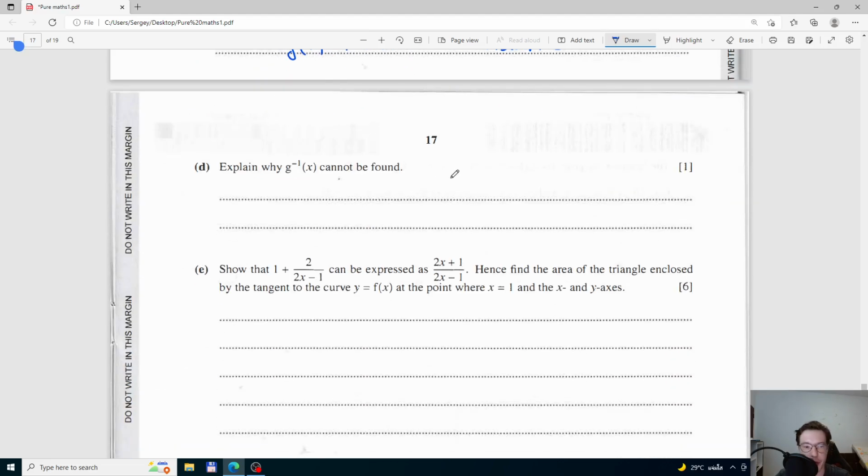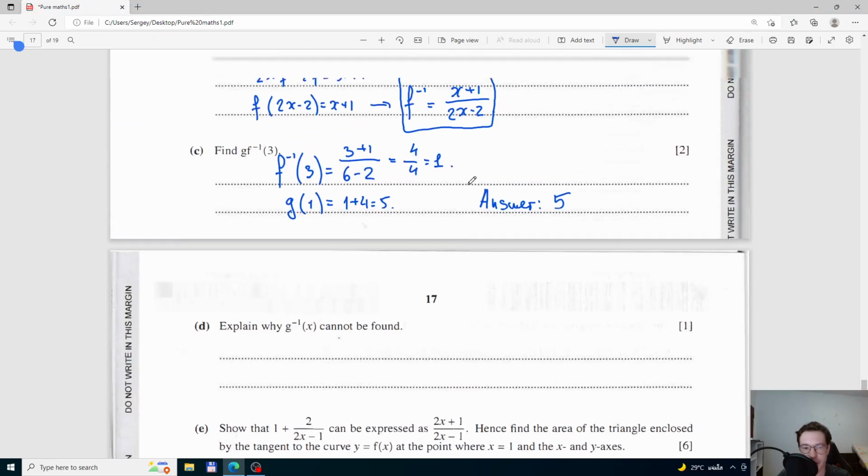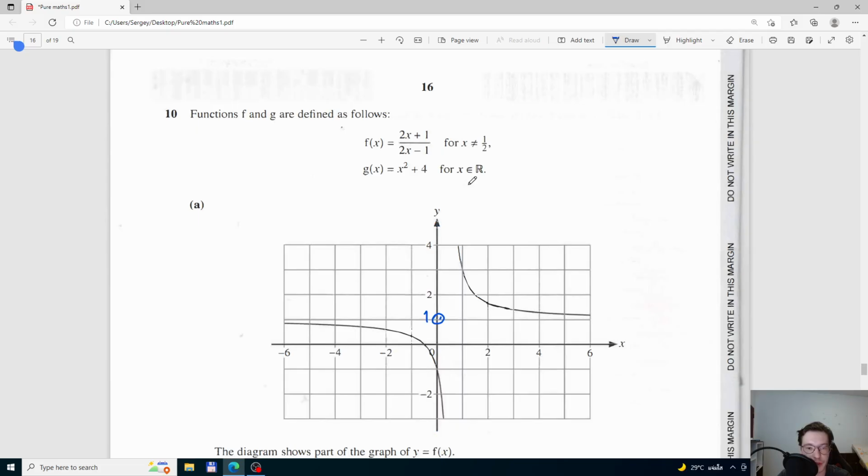Next one. Explain why the inverse of g cannot be found. Let's have a look at the function g. So the function g is a quadratic, which looks like this. Now, obviously, this is not a one-to-one function, which is necessary in order to form the inverse.